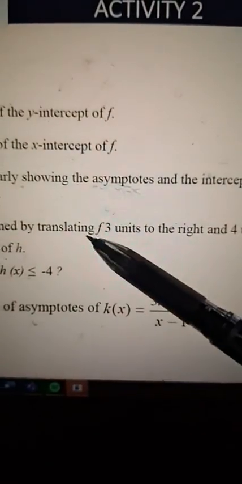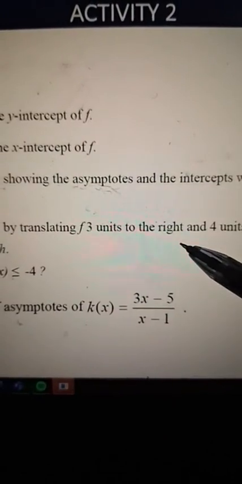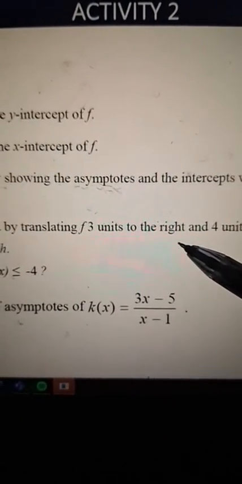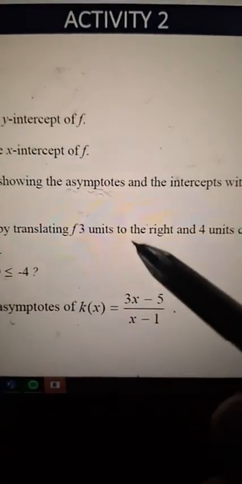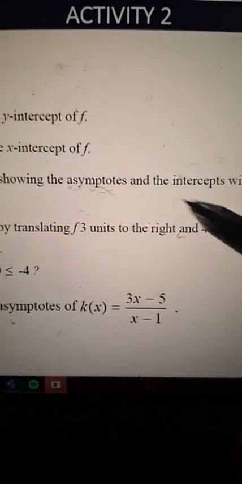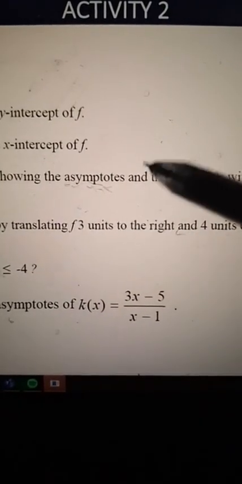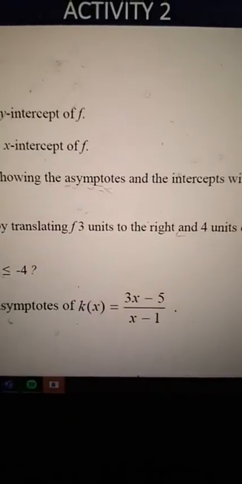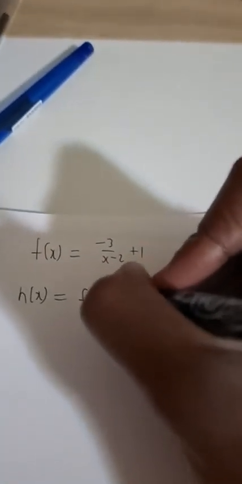Now, we need to understand when they say translating f 3 units to the right, that speaks to the counterintuitive nature. Because if we are saying to the right, what we understand is that we are subtracting 3.